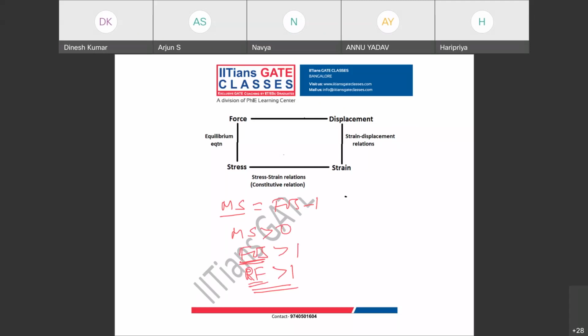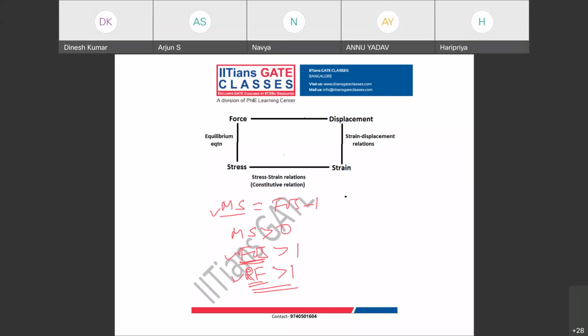So this is what you are going to do if you start working in industry as a structural analysis engineer. Finally you will find the margin of safety or factor of safety or reserve factor based on your available loads and these basic classical methods. For different loading you will have different formulas. If it is bending, you will have a bending formula. If you have axial loads, you will have axial stress. If you have torsional loading, you will have shear stress.